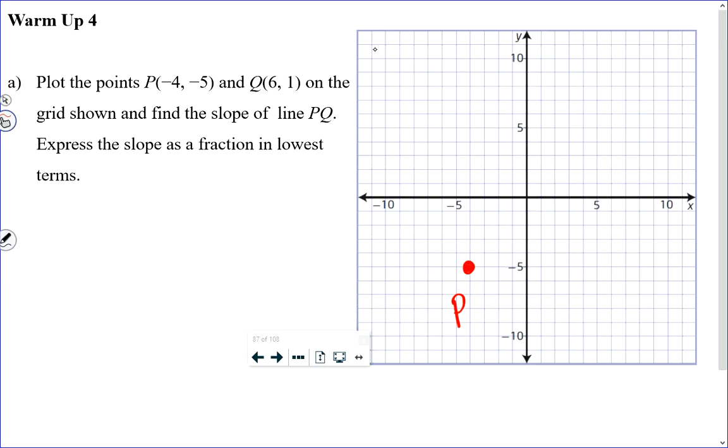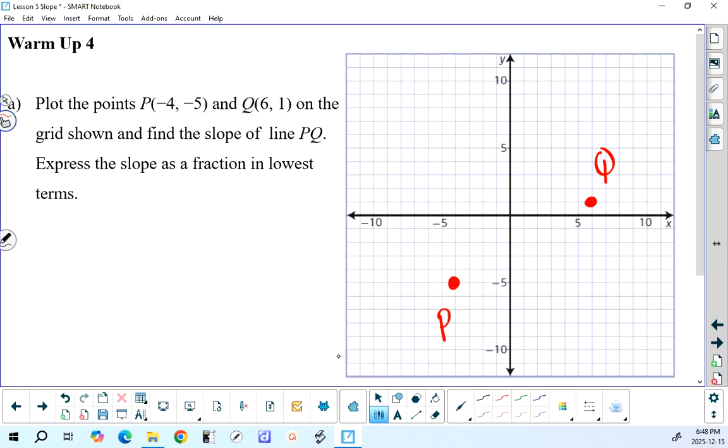That way you won't crowd yourself out later. We also have a point at Q, which is at 6, 1, which is here. And I'm not very good at drawing straight lines. I would rather the line I draw here is nice and straight, so I'm going to connect these with a tool.